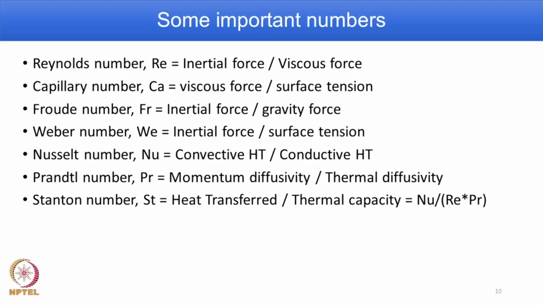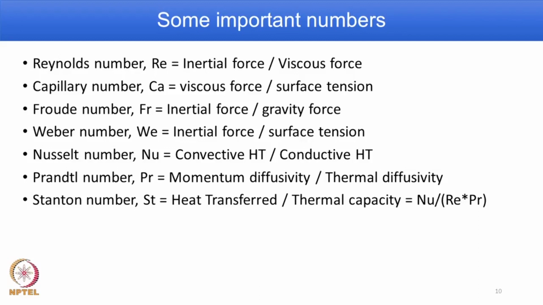Next non-dimensional number is the Weber number, given the symbol We, which is defined as the ratio of inertial force to surface tension force. So, it basically tells whether inertia is dominating or surface tension force is dominating, depending on the value of the number.